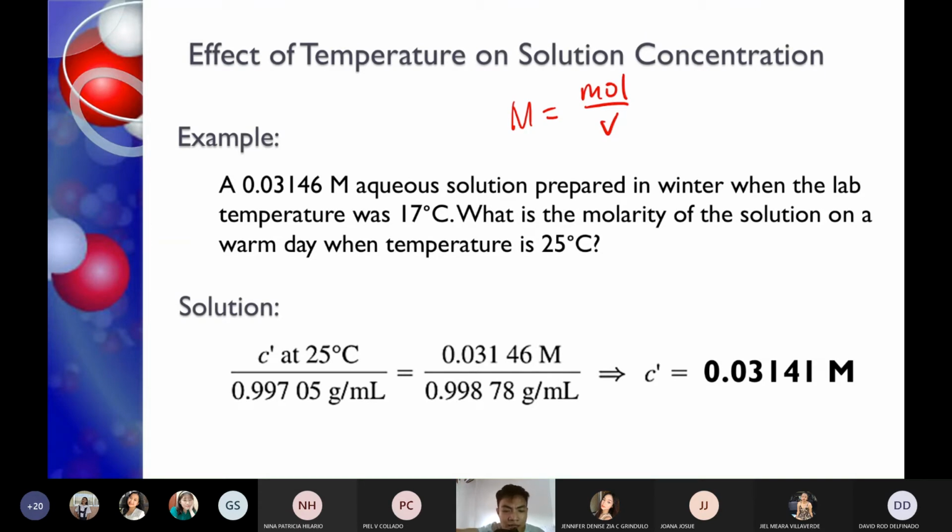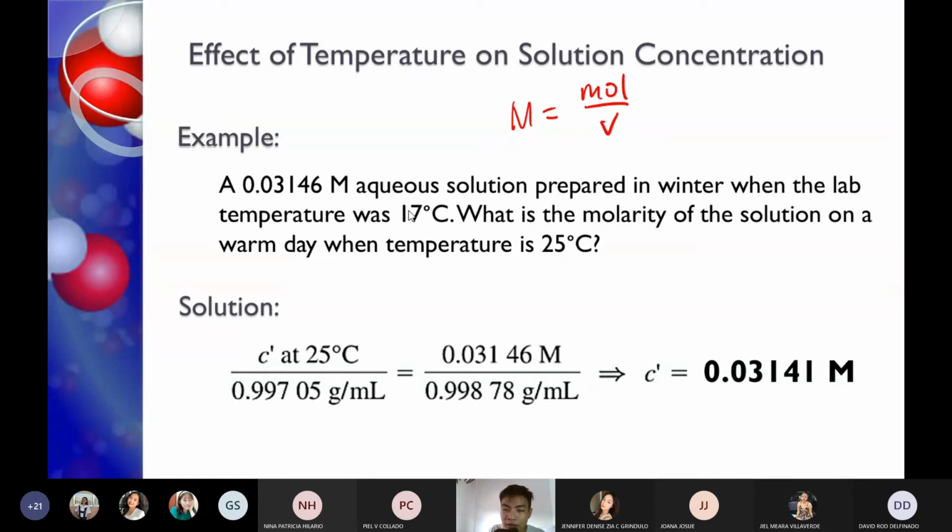Bakit? The density of water changes over temperature scale, 'di ba? So depending on the temperature, magbabago yung volume. So that means at 17 degrees Celsius, iba yung molarity because the volume of water at 17 degrees Celsius is different to that of 25 degrees Celsius. So magkaiba sila ng volume dito.